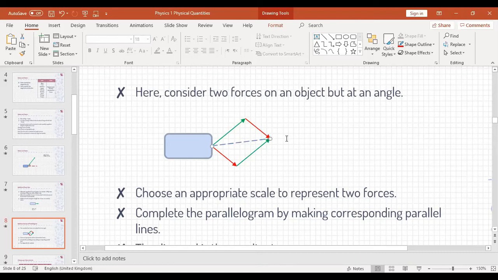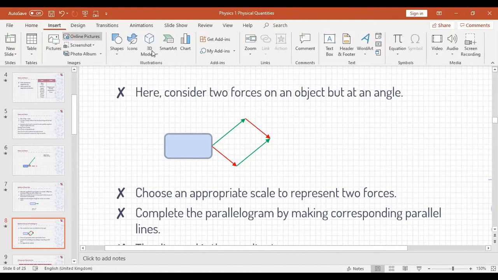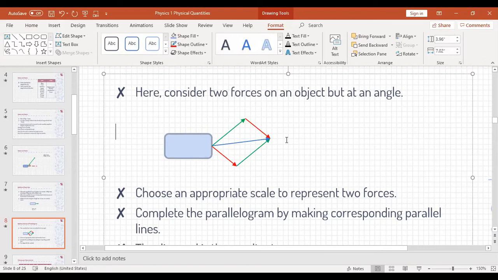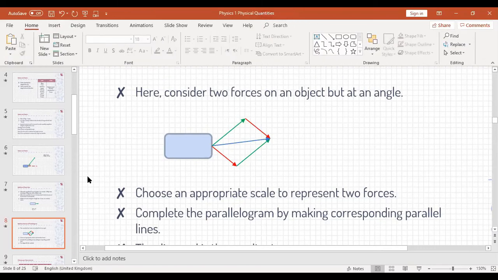And so this dotted line, which is also going to be an arrow line, let me make this an arrow line so it's easier to understand. This arrow line is the diagonal and the resultant of the addition of these two vectors.